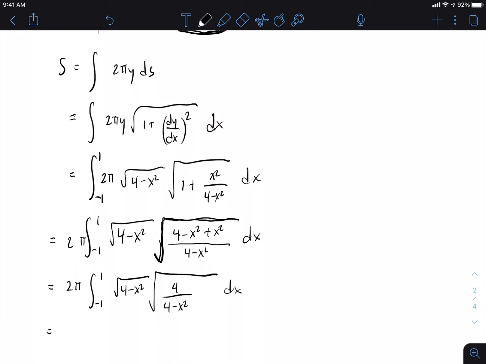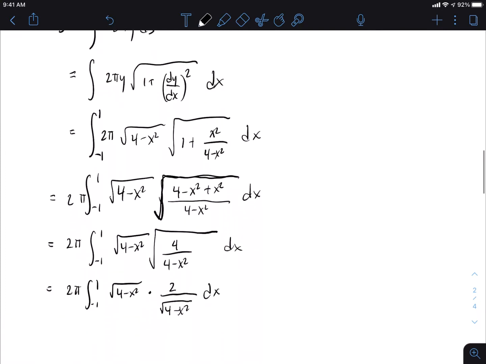I'm trying to be deliberate with my work for you so you can all see. 2 pi from -1 to 1 of root of 4 minus x squared times 2 over root of 4 minus x squared. Isn't that wonderful?